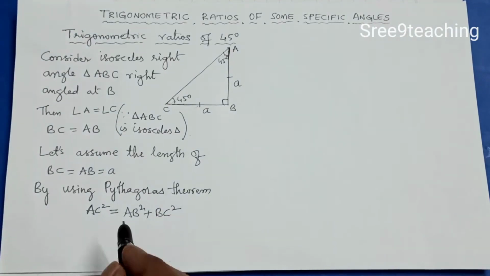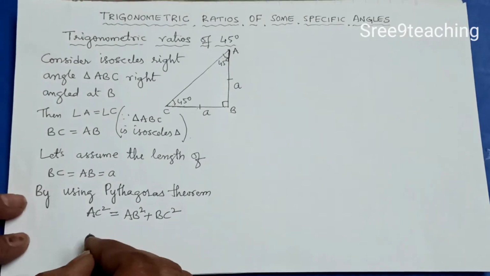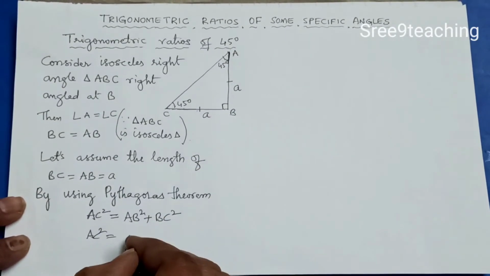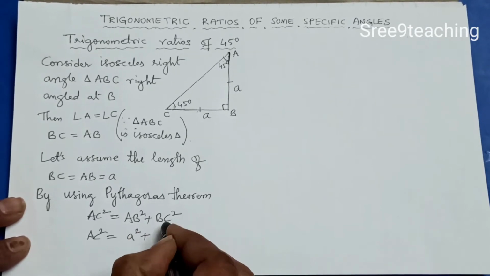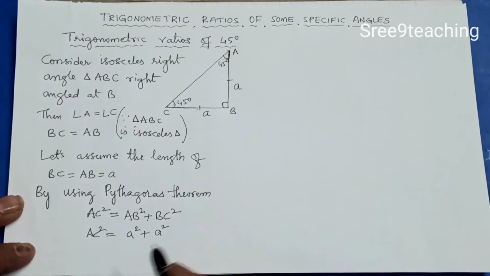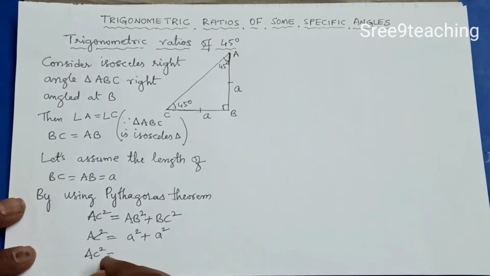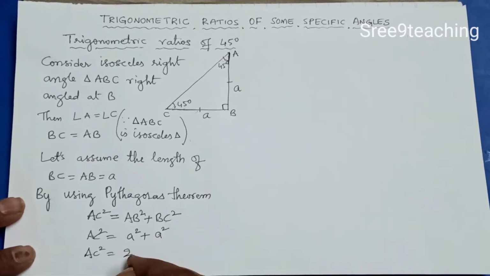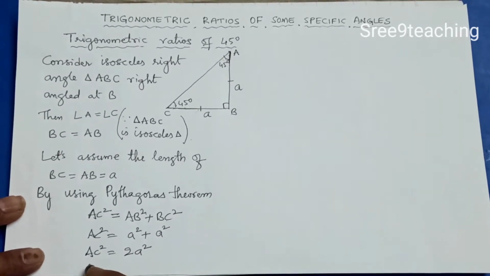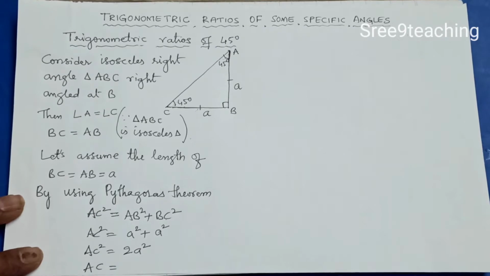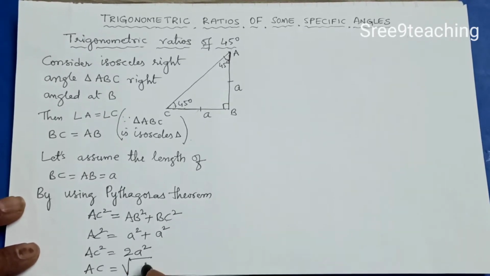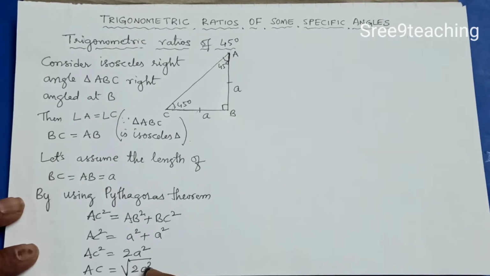Now what is the AB value? AB is A, so A square, plus BC is also A, so A square. Now AC square is equal to A square plus A square. How many A squares? This is 2A square. Now AC is equal to, if you send the square to that side, the square root of 2A square.